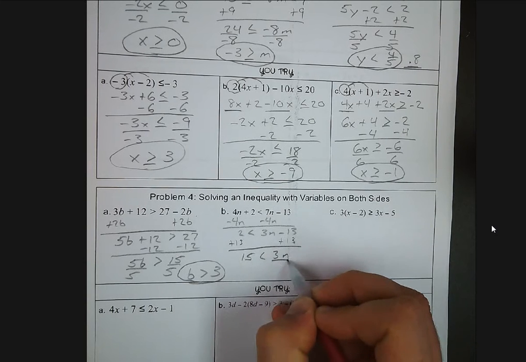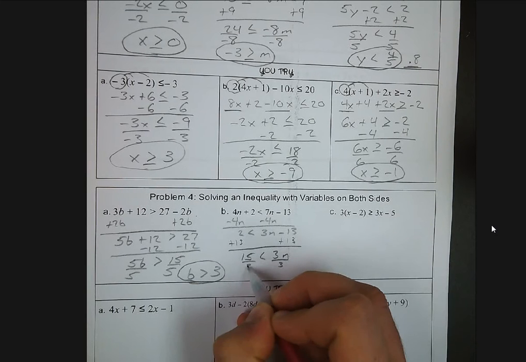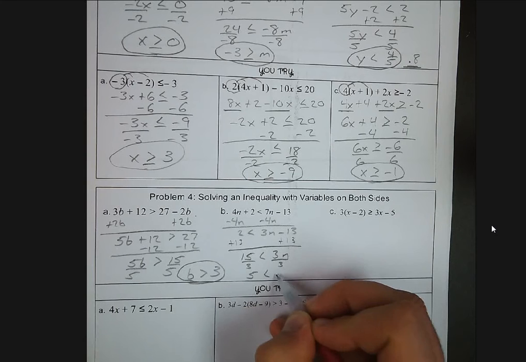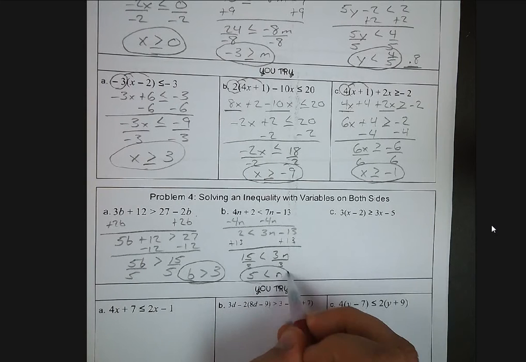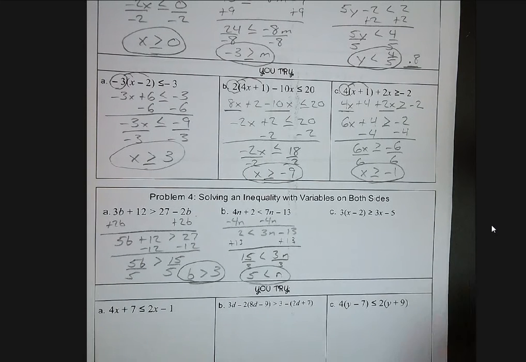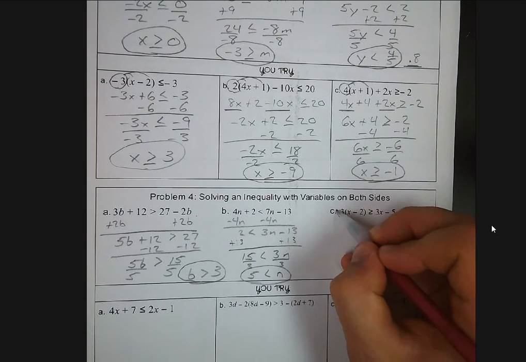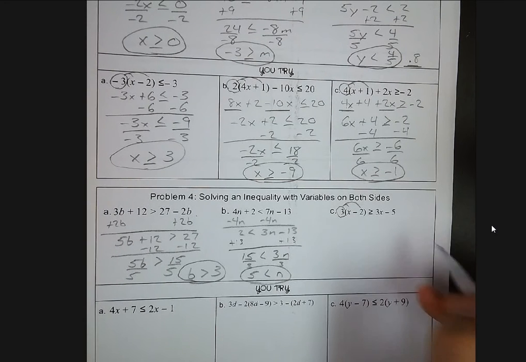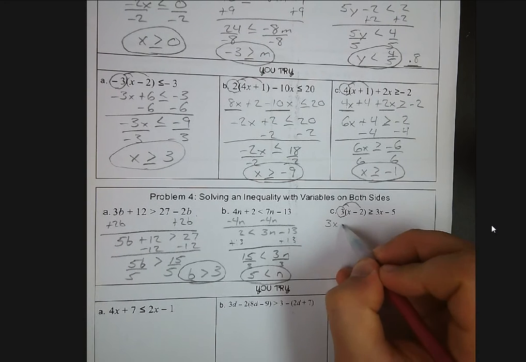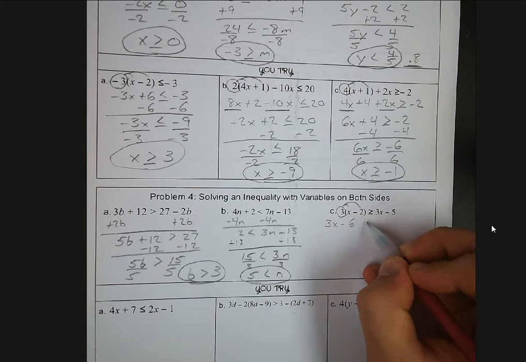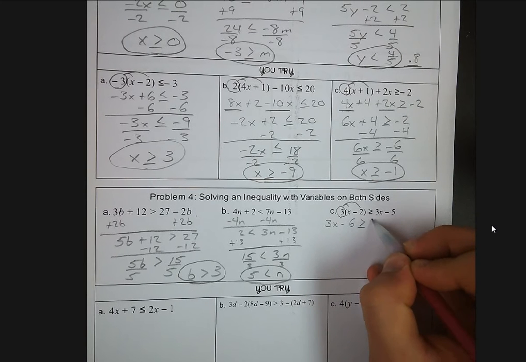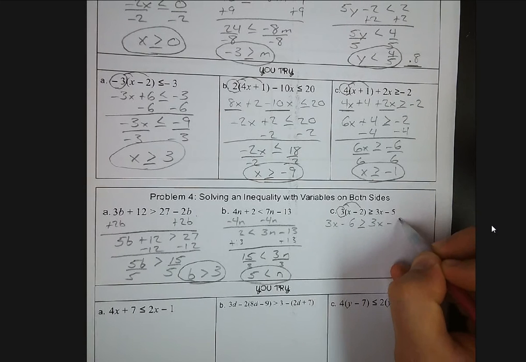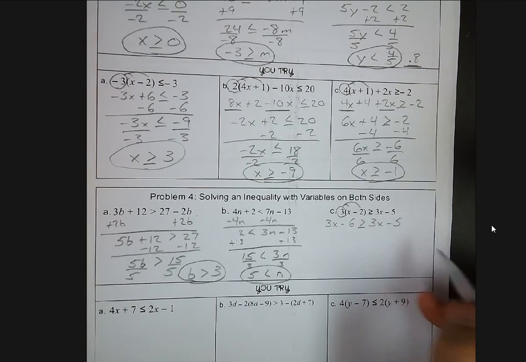Divide both sides by 3. And 5 is less than n. Okay, letter C. We need to use the distributive property first. So 3 times x is 3x. And 3 times -2 is -6. Is greater than or equal to 3x minus 5. Subtract 3x from both sides.